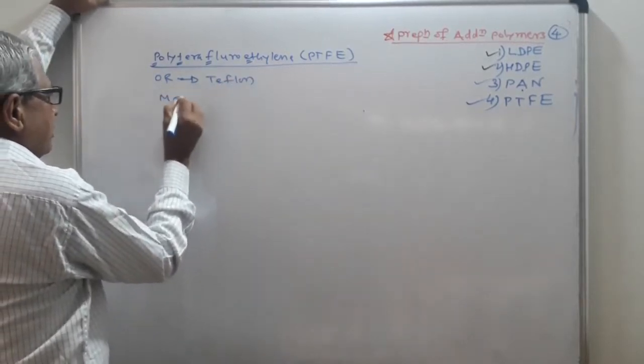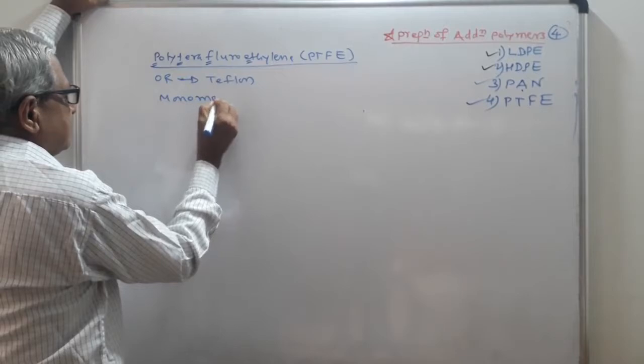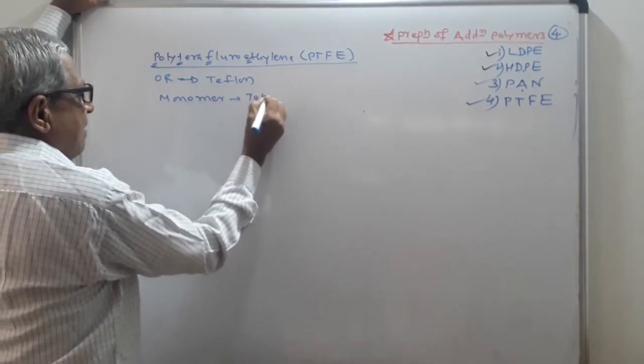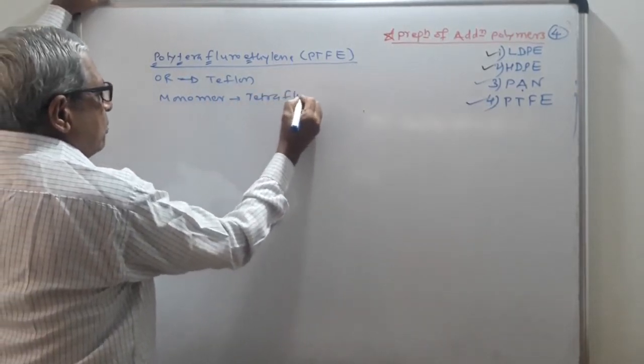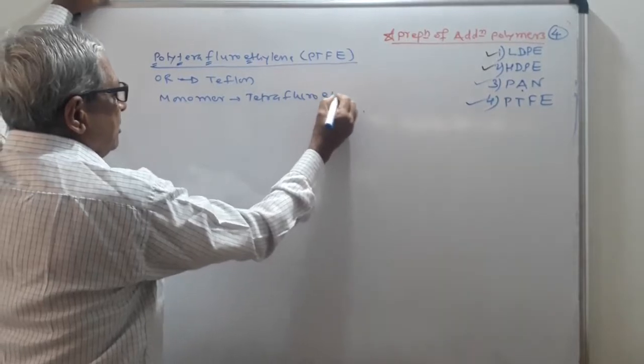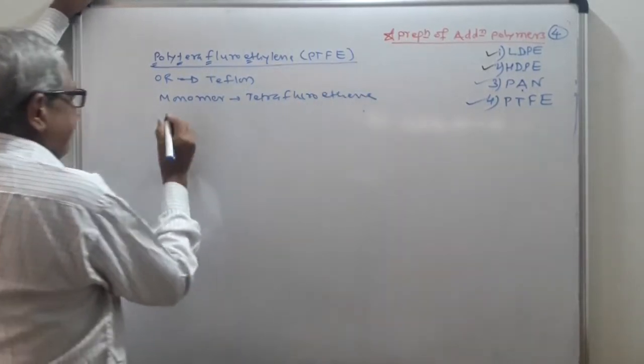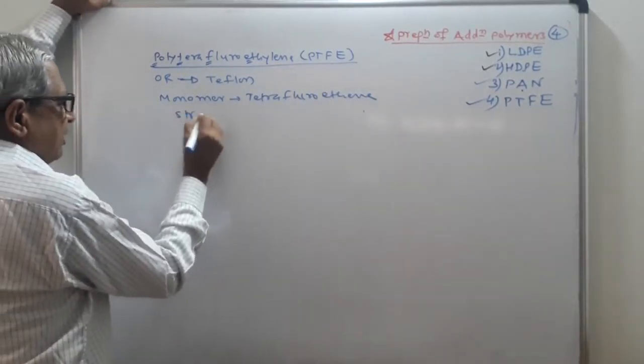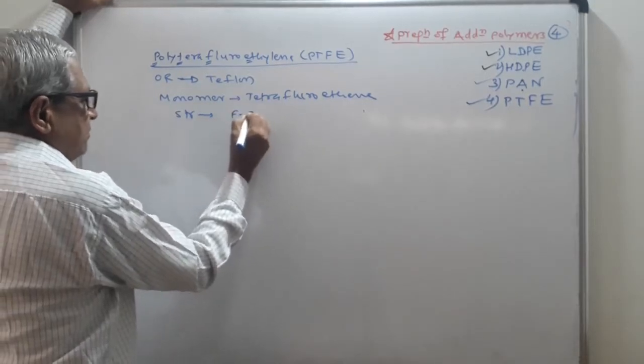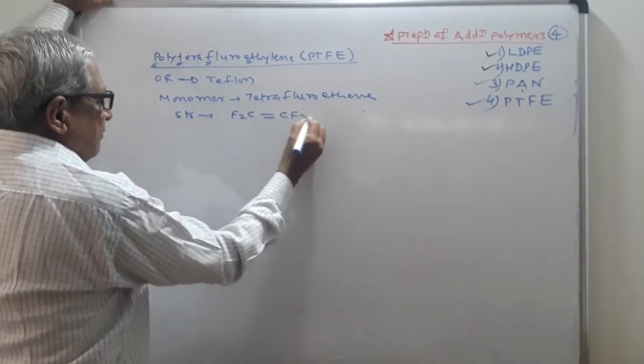The monomer used in this case is tetrafluoroethene or tetrafluoroethylene. Structure of this one, CF2 double bond CF2.